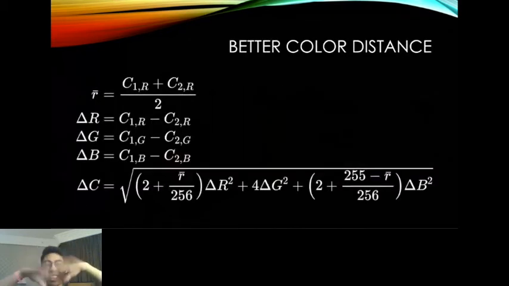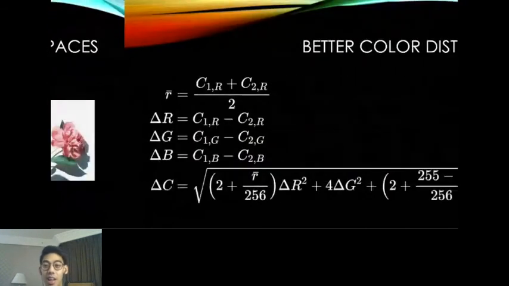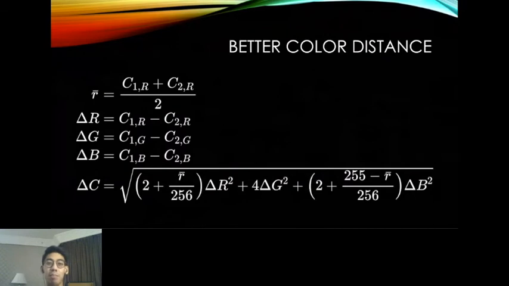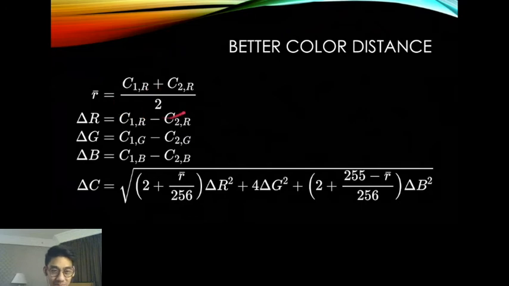He details a lot of things on that website, which you can find the link here. But essentially, he boils it down into this very simple equation, quote unquote simple. But let's see what it is. It says R bar here is the red channel of the first image plus the red channel of the second image, divided by 2.